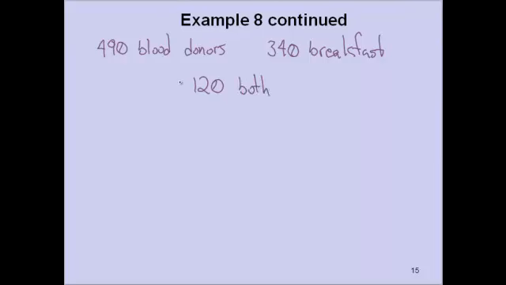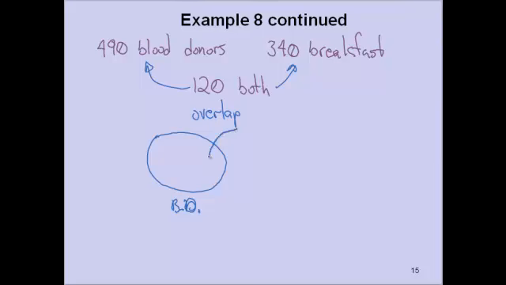That means that these particular individuals are in this category and this category. This is our overlap right here. So maybe it's helpful to actually draw a Venn diagram. What if I drew a diagram of blood donors, and I drew a diagram of the breakfast servers, and in the overlap are the 120?